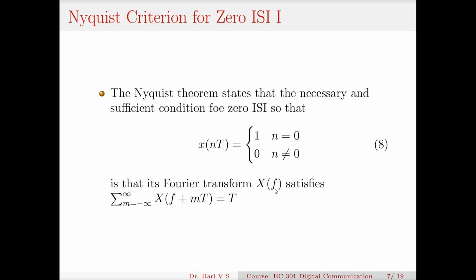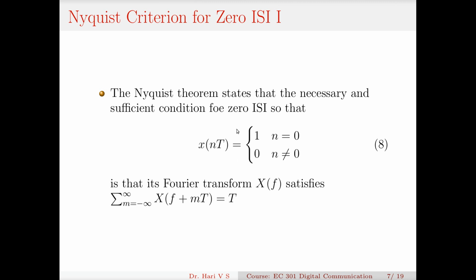If X(f) satisfies this condition, that is, if I add up this periodically, this periodic sequence, and it comes to capital T, the symbol duration or inverse of my rate of sampling, then my channel will have zero ISI.